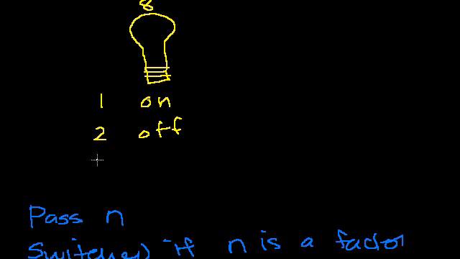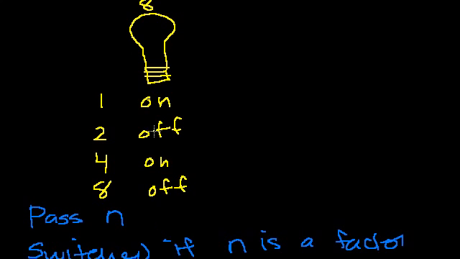Pass 3, nothing's going to happen because 8 isn't a multiple of 3. Pass 4, what'll happen? It will be switched back on. And then pass 8 is the next time we'll touch this light bulb, and it'll be switched back off. So every time one of its factors goes by, we're going to switch this thing.